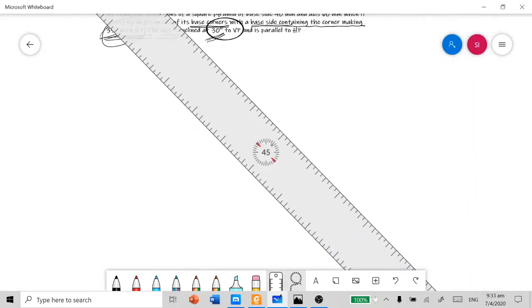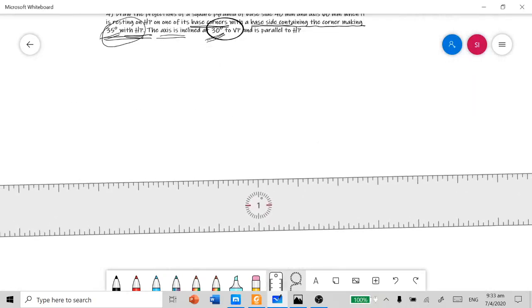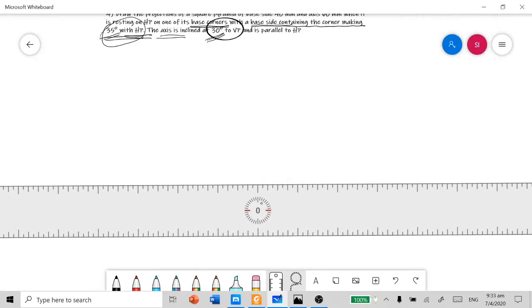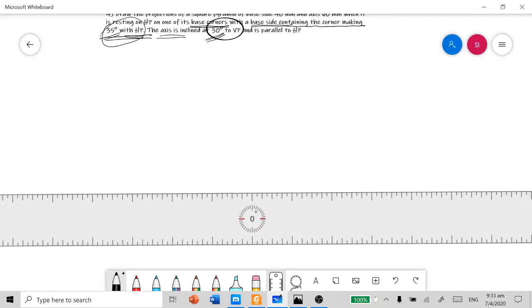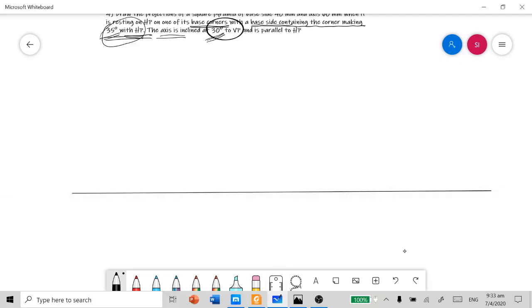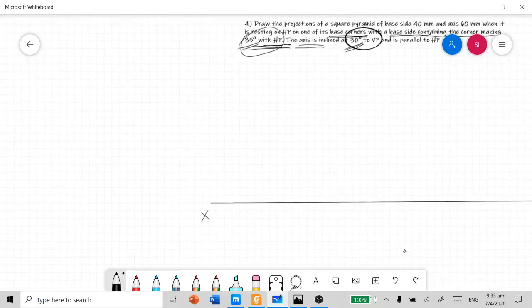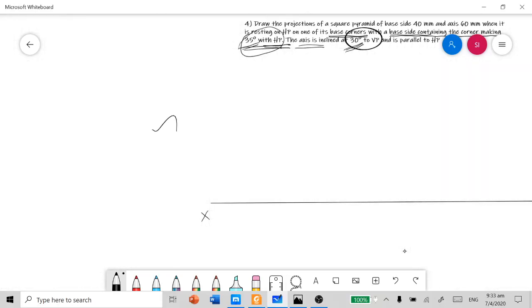As usual, we have to start from the XY line. Here we have already decided that the base view will be obtained in the front view only.